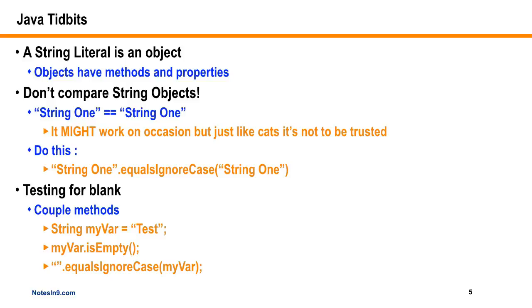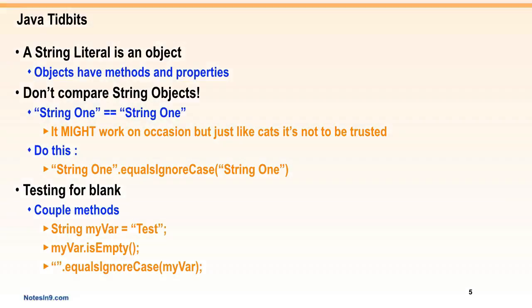Or what I actually do in some cases, and I honestly can't remember why, and maybe this is dumb, is sometimes I'll just do quote dot equalsIgnoreCase myVar. Now none of those test for null. I don't think so. That's a different type of test you need to account for, but those are just some tidbits on string handling.